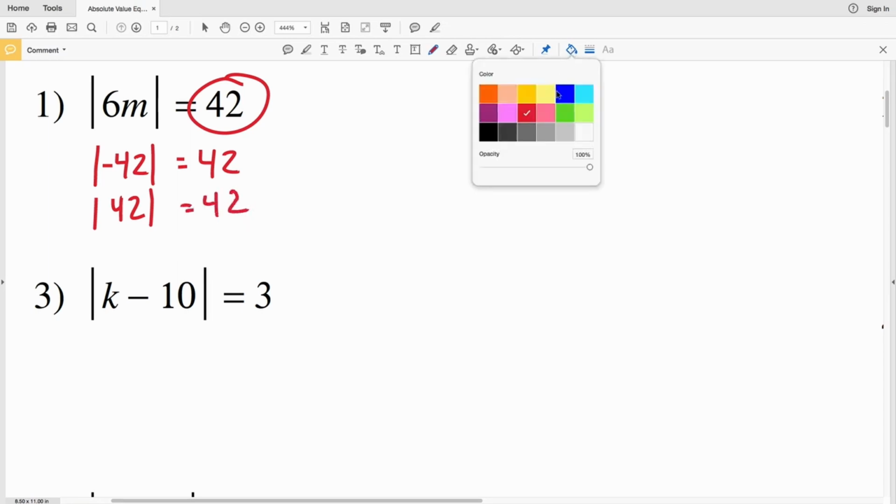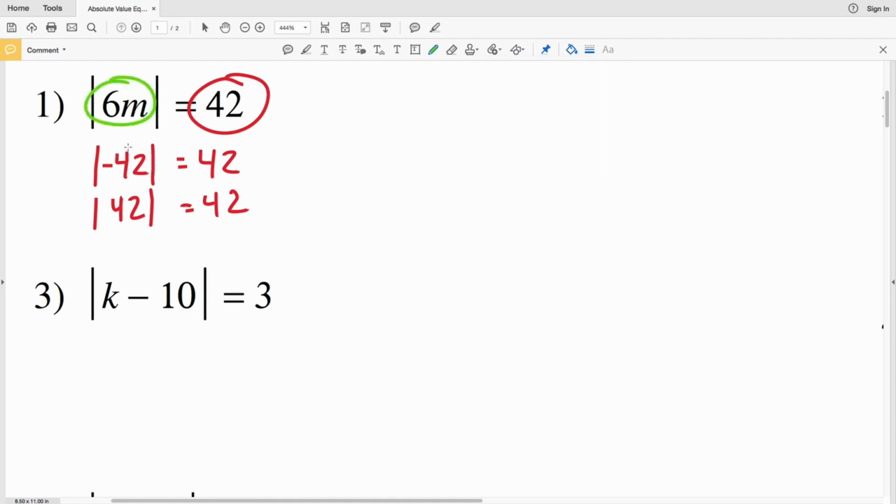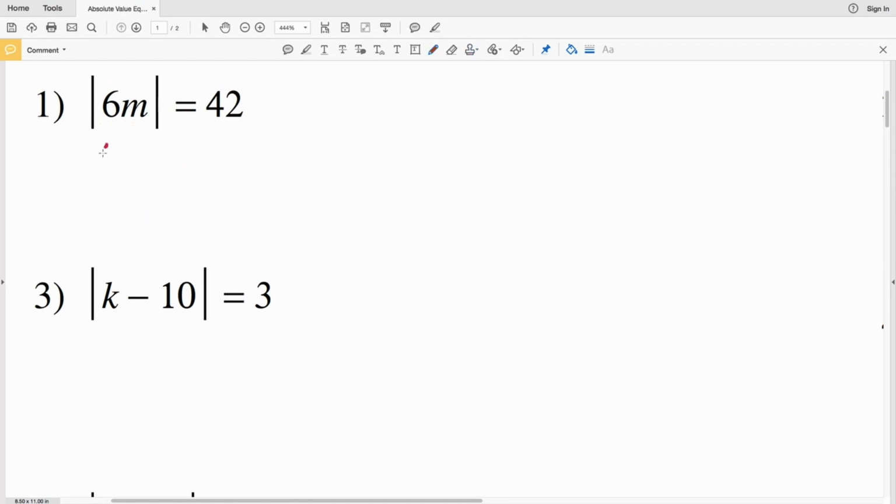So that's saying that this 6m either equals negative 42 or it equals a positive 42. So we're going to actually solve for 2 equations. Let's solve the first: 6m equals a negative 42. We divide by 6 on both sides and get that m is equal to a negative 7.